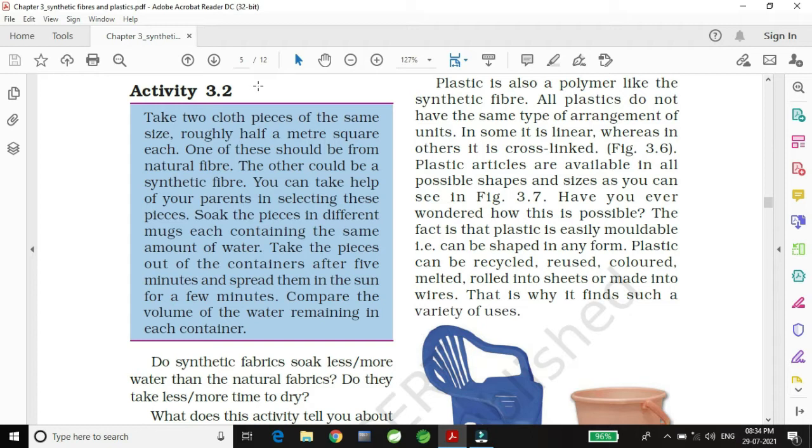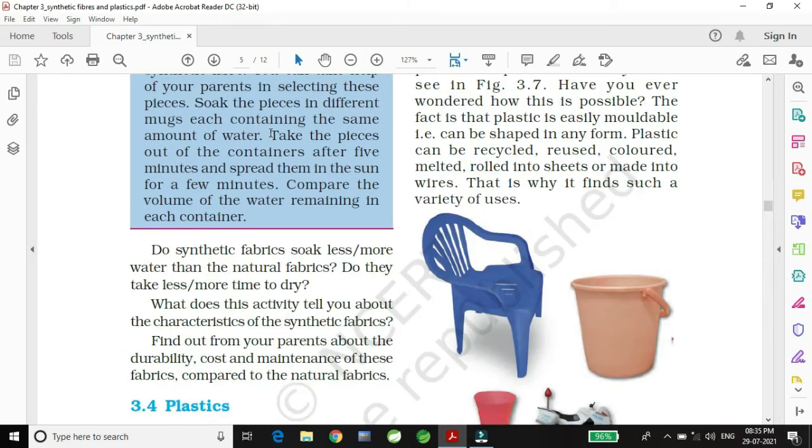After some time, if we check, the synthetic fiber will be dried up and the cotton fiber or any natural fiber will have some water in it. So from this activity we knew that the synthetic fibers dry quickly as compared to the natural fiber. Do synthetic fibers soak less or more water than the natural fiber?